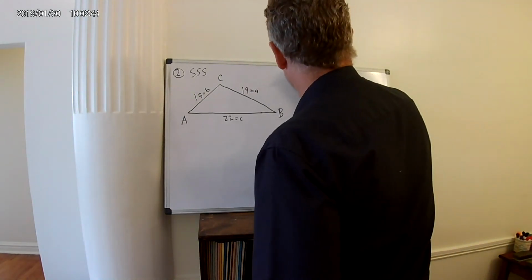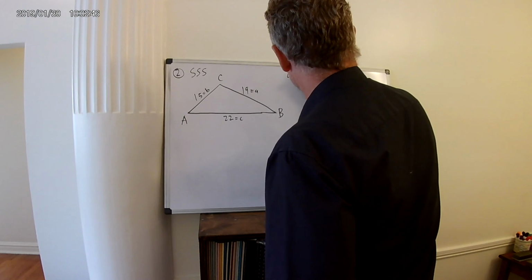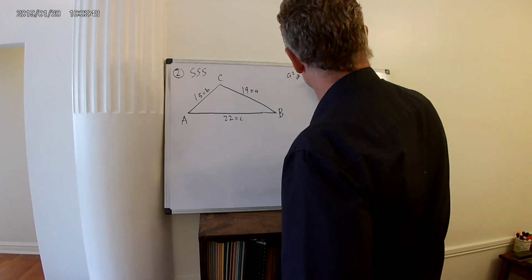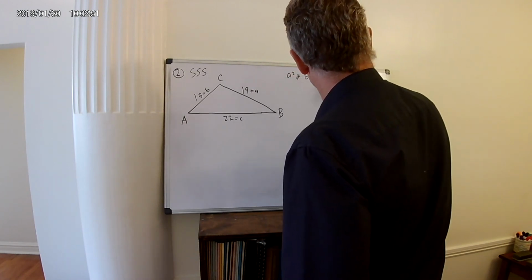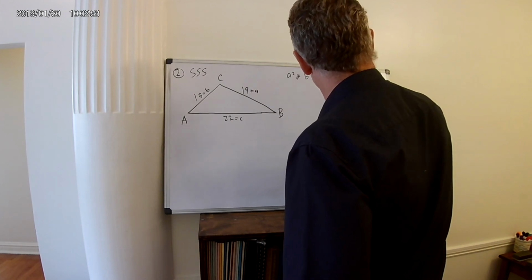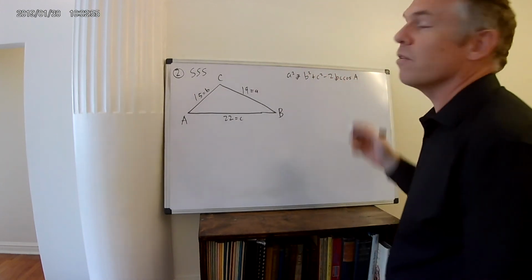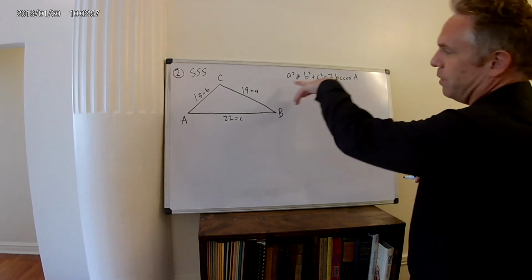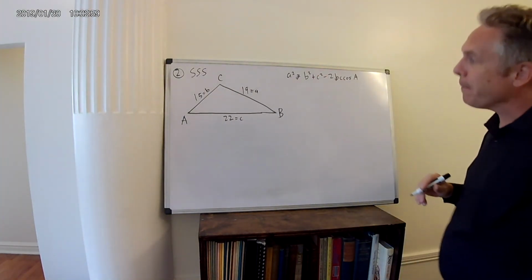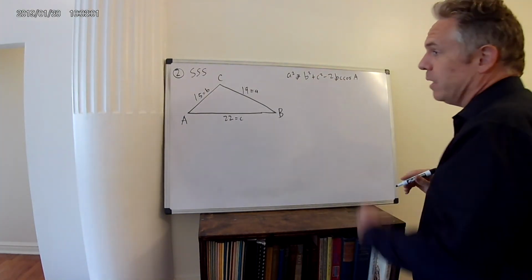So again, the law of cosines is a squared equals b squared plus c squared minus 2bc cosine of angle A. Or there's 2 other versions of that where we apply this to the other 2 sides, but this will be good enough for now. And I'm going to start plugging in numbers here.